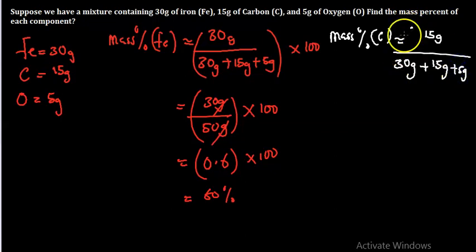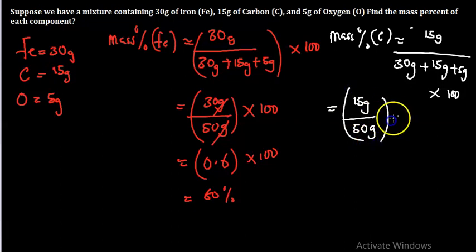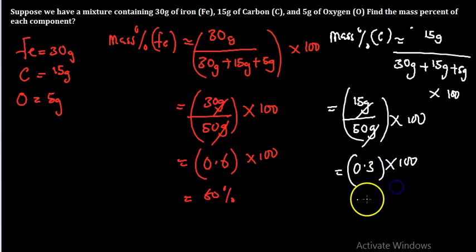Remember, we're going to multiply this by 100. In this case, this is simply going to be 15 grams divided by 50 grams, because we said 30 plus 15 is 45, 45 plus 5 is 50, multiplied by 100. At this point, grams will cancel out. We'll be left with 15 divided by 50. 15 divided by 50 is simply going to be 0.3. 0.3 multiplied by 100 is simply going to be 30%.